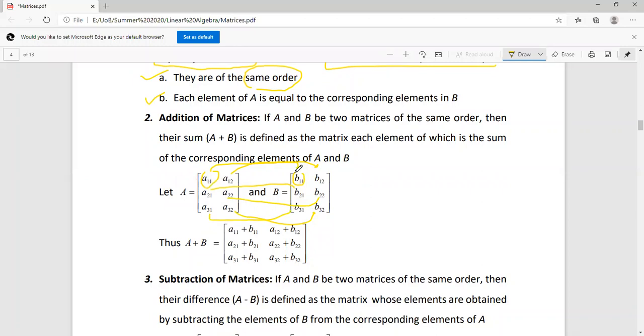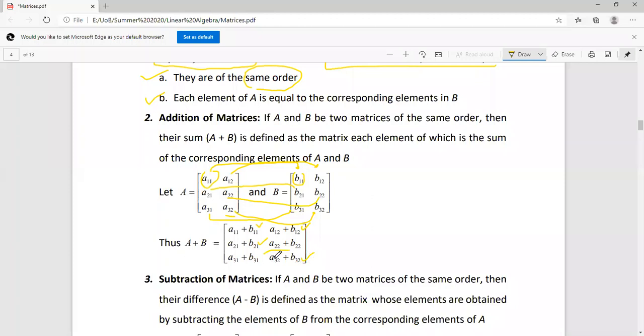A11 plus B11 should be your first entry, A12 plus B12 your second entry, A21 plus B21 your third entry, and so on. And the last one will be A32 plus B32, at the same location. This was the third row, second column, so this should come in the third row, second column.